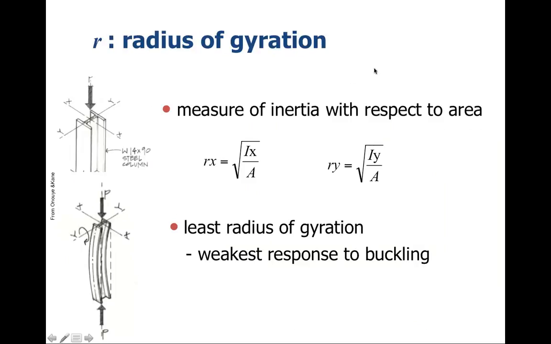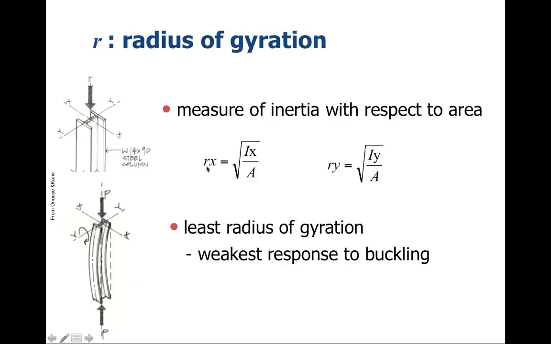All right, another factor that we use in terms of buckling is the radius of gyration. It's hard to provide a very good definition for the radius of gyration, but basically it's a measure of the inertia with respect to the area. And of course, this comes back to that we're going to have two axes here. So here we have this I-beam. We know that it's going to buckle more along this axis, this way, as it's shown here, and not the other axis.